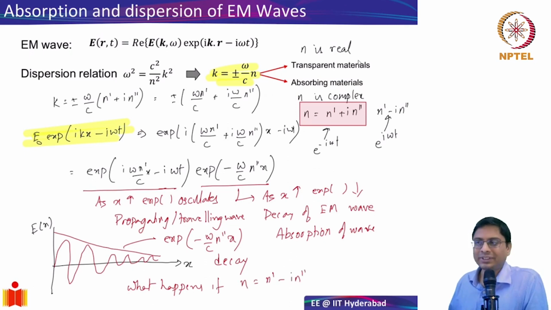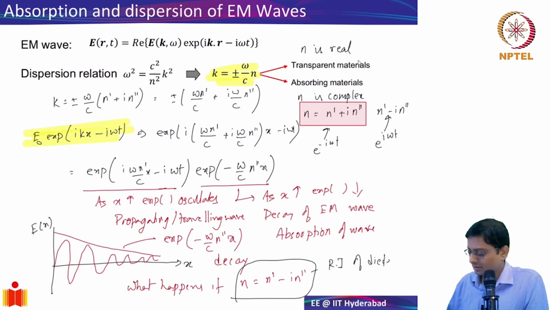We are considering the refractive index of a dielectric, right? This is the assumption we are making. If I substitute back into this exponential ikx minus I omega t, what will happen? How will the wave look? And does that make physical sense? You are having a pure dielectric. Does that make sense? That's something I want you to think about, and we will revisit this down the line.